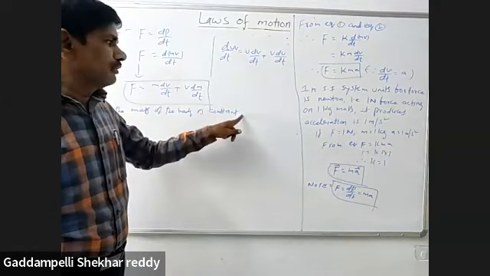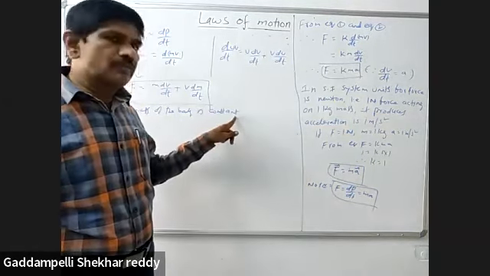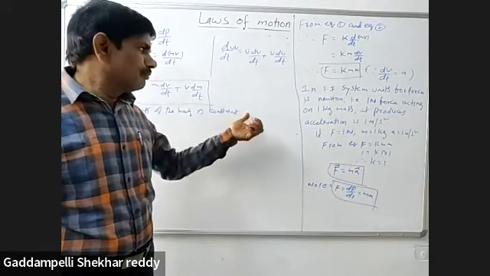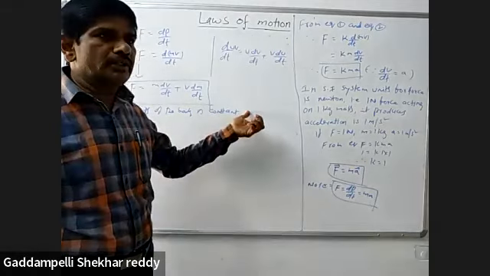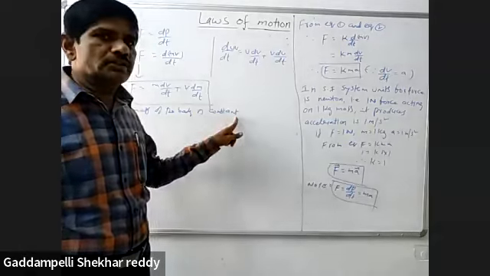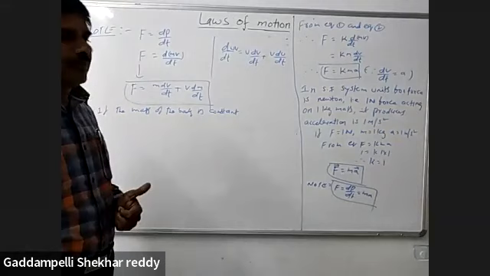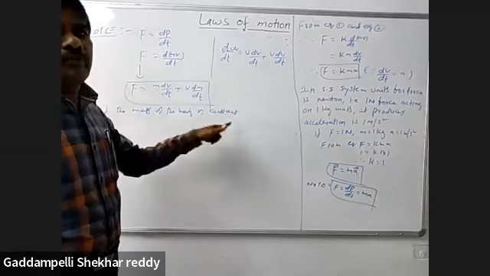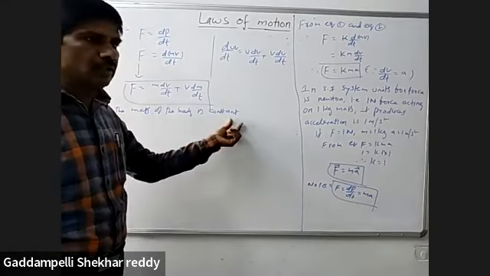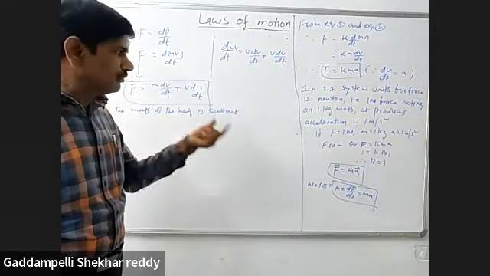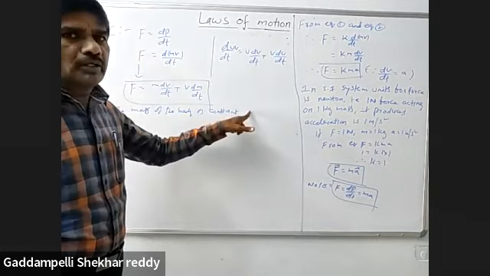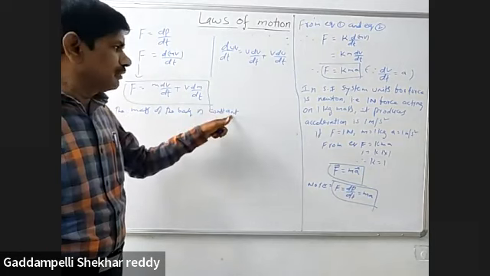Due to the irregular nature of the roads, the bicycle's velocity increases or decreases. That means velocity changes, and velocity changing means acceleration develops. So the mass of the bicycle is constant, and the person sitting on the bike also has constant mass.